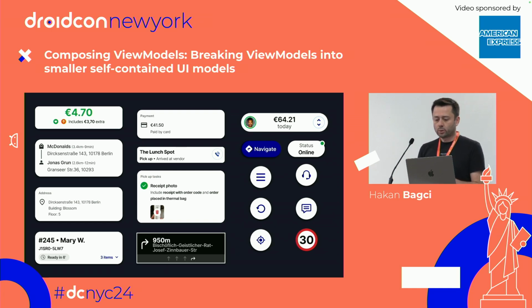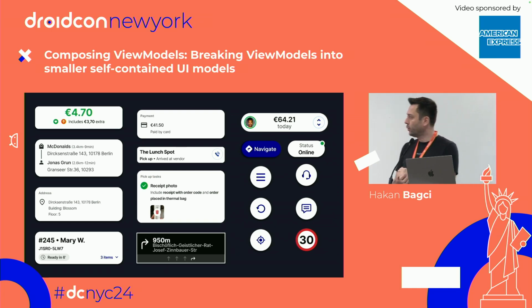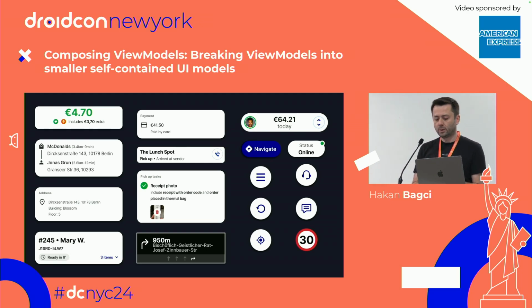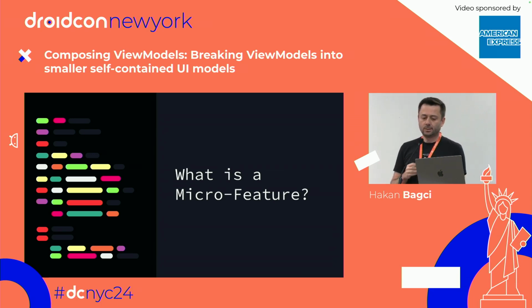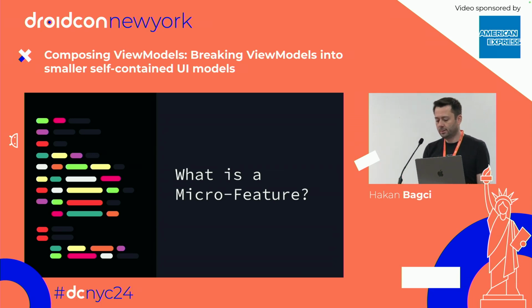We have recently completed the migration of our home screen to microfeatures for both Android and iOS platforms. I will be providing more details about the migration process towards the end of my talk as well. So, before that, let's explore the microfeatures in detail.